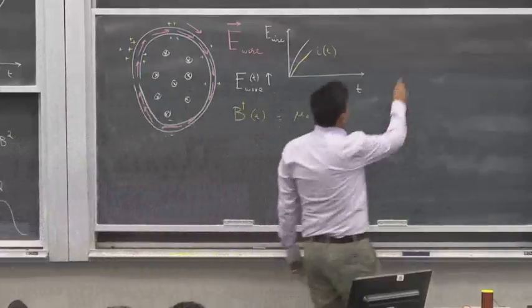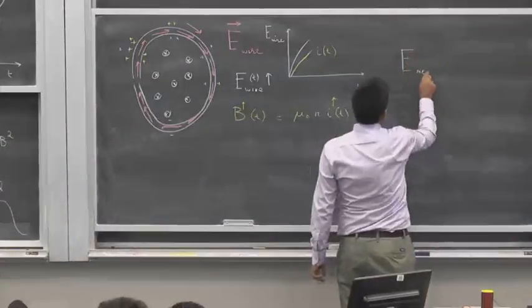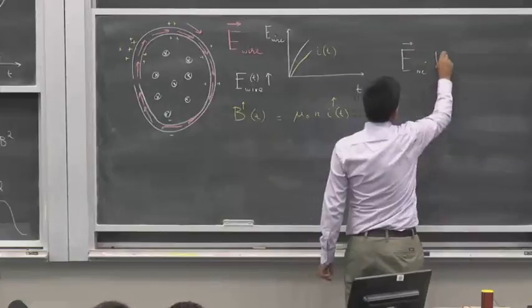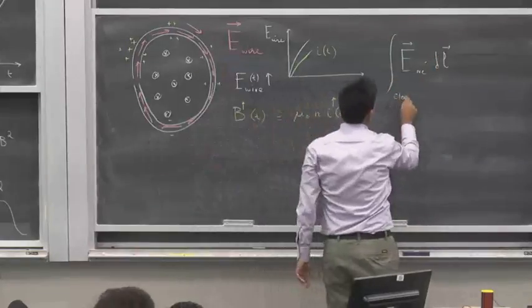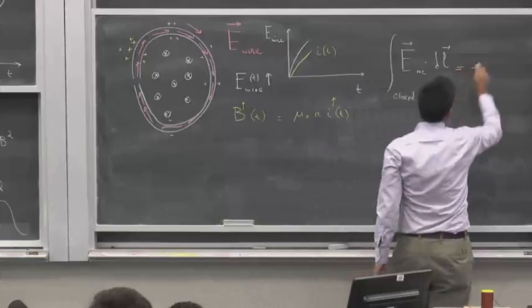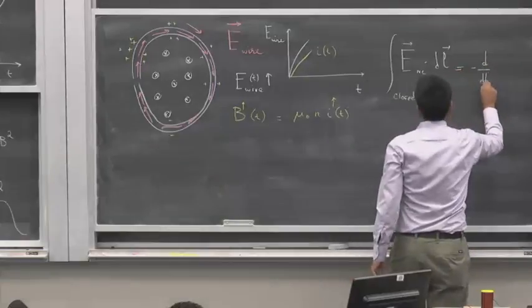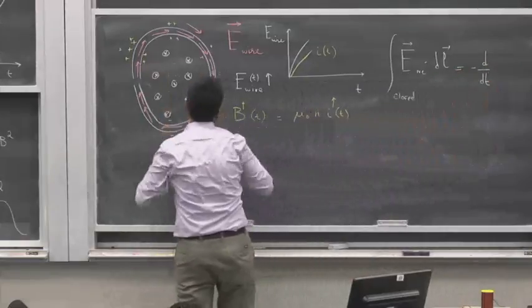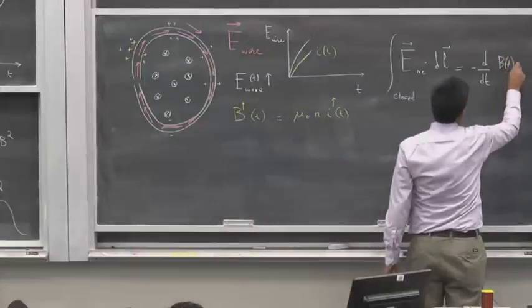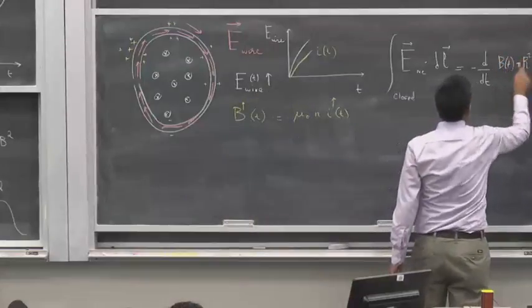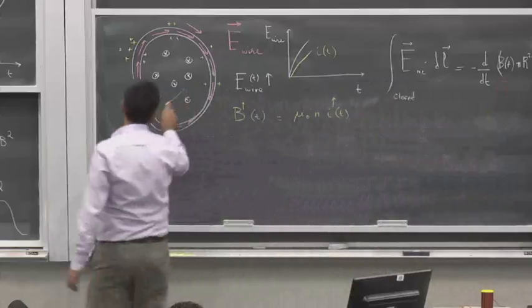So a non-conservative electric field is going to build up here. That non-conservative electric field, E dotted with dl around this closed loop, is going to be given by minus d by dt of the flux through this area. The flux through this area is B(t) times pi R squared, where capital R is this radius.